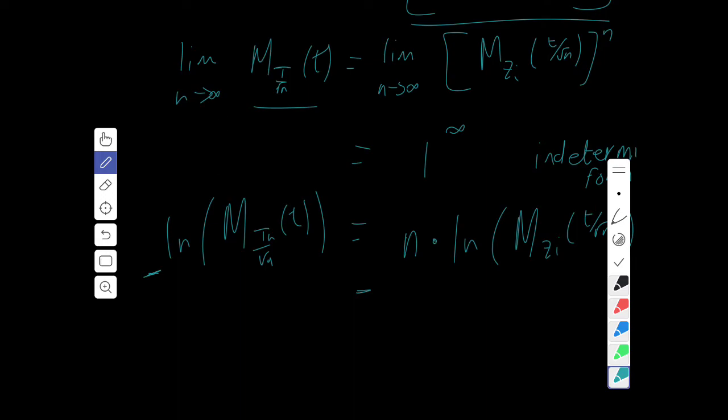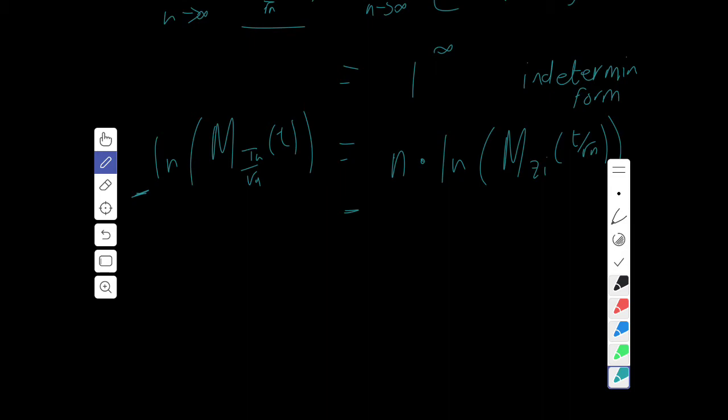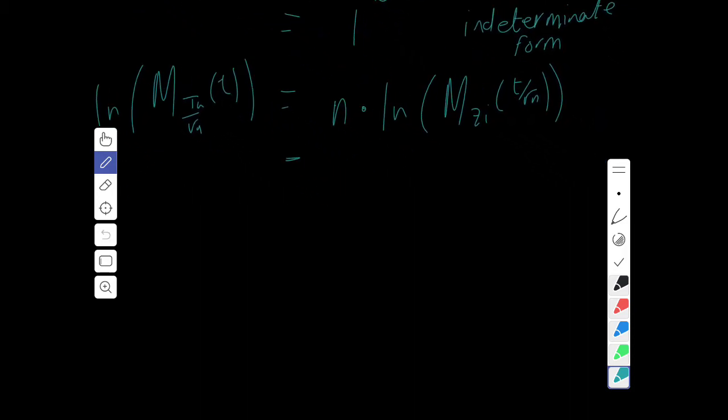Essentially, we're going to take the log, evaluate the limit, and then take e to whatever the limit evaluated to. That's more like Maths 144 information, so I'm not going to go over it, but that's just a recap of how this works.